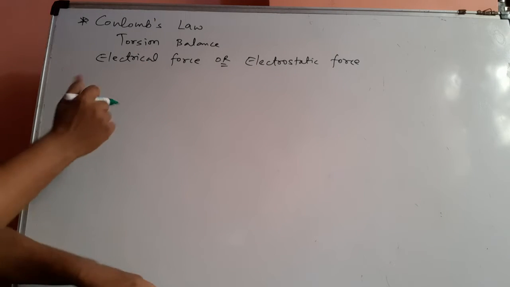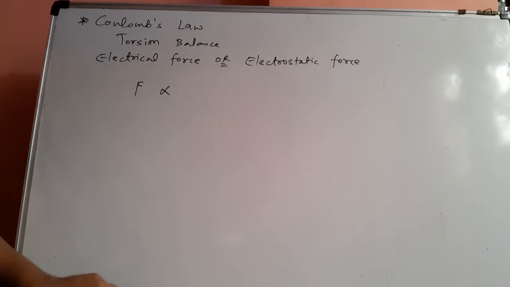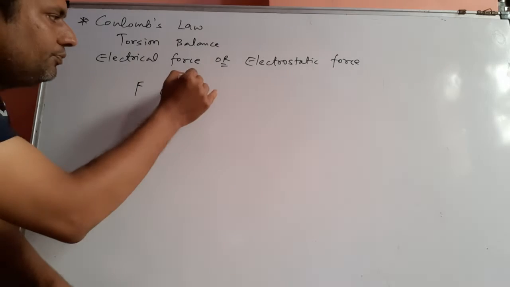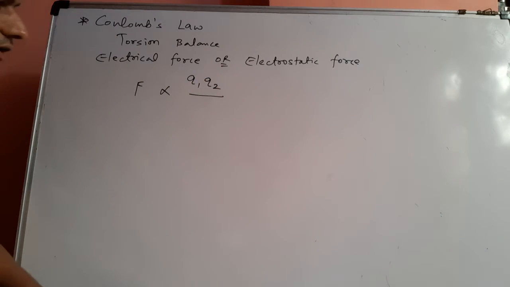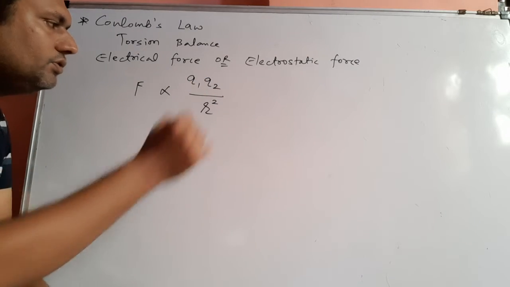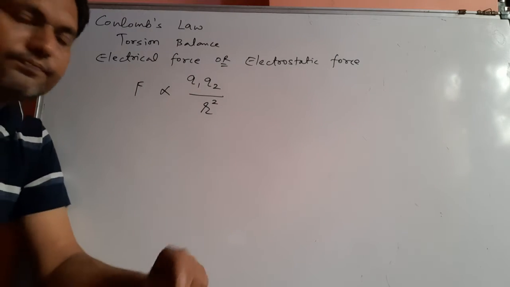So this force is directly proportional to the product of the magnitude of these two point charges and inversely proportional to the square of the distance or separation between them.